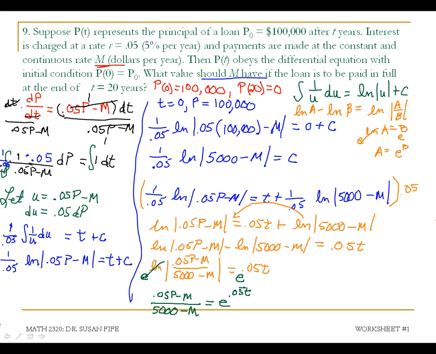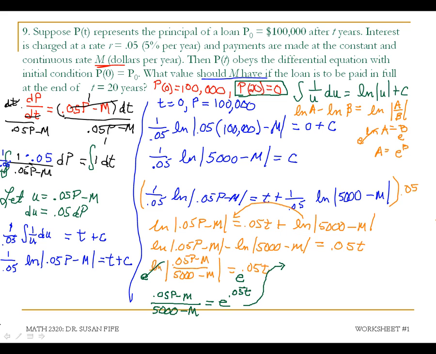Okay, now let me substitute in so I can solve for m. Here I want to substitute in the fact that P of 20 is equal to 0. That says that when t is 20, P is 0. Substituting in is going to give me the equation.